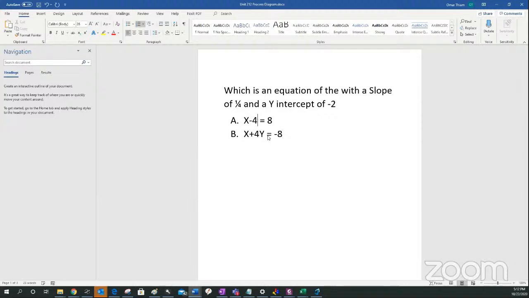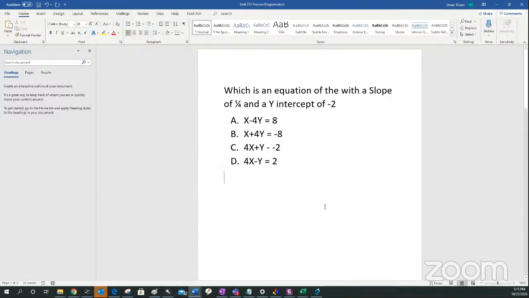Okay, all right, and then C is 4x plus y equals -2, and D is 4x minus y equals 2, right? All right, so how do we do that?